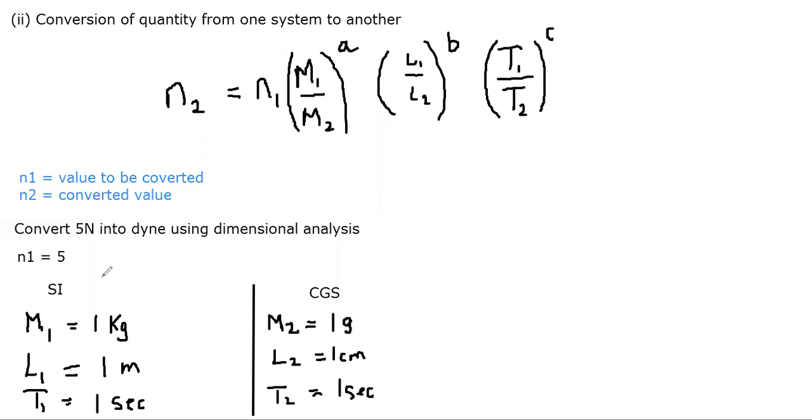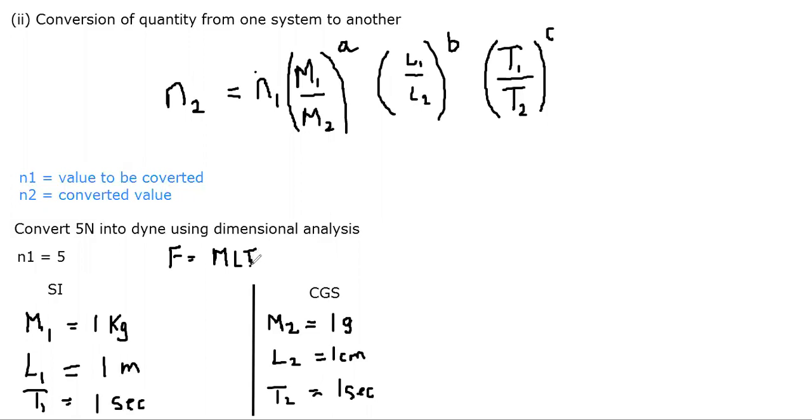Okay. Now, who are A, B, C? You know what N1 is. You know what M1, M2, L1, L2, T1, T2 are. But what are A, B, C? See, you're converting Newton, and Newton is the unit of force, and the dimension of force is MLT minus 2. Till now, you almost know how to derive the dimensional formula.